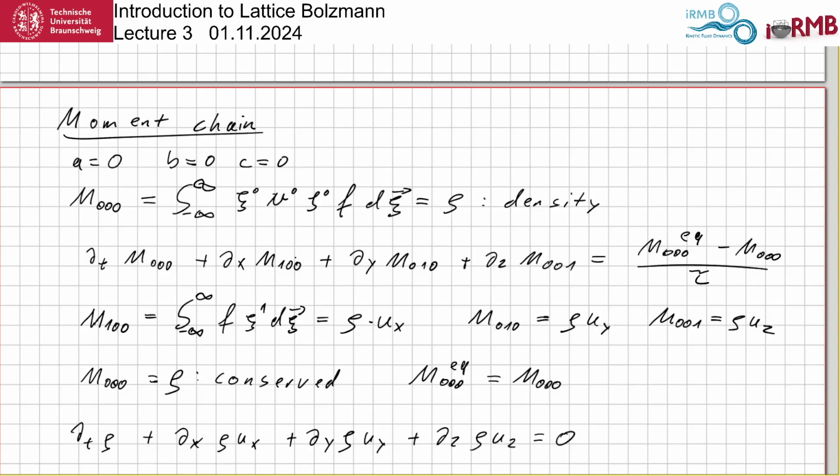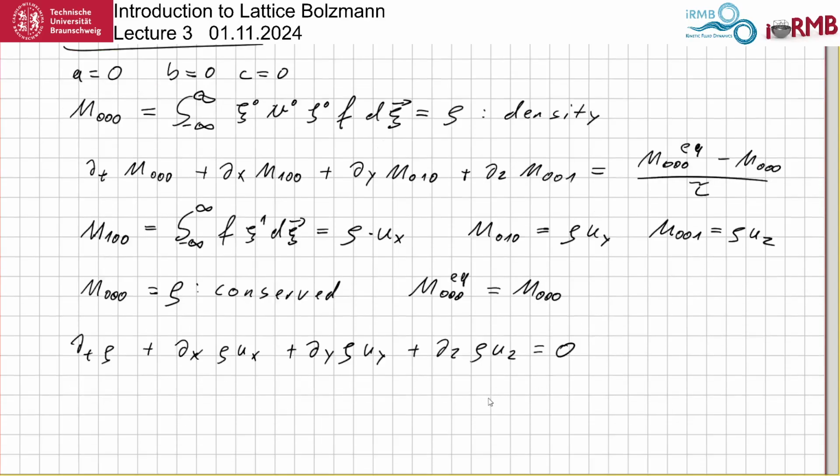And as I said, the collision operator is 0. So now I have a dx on ux, dy on uy, dz on uz.